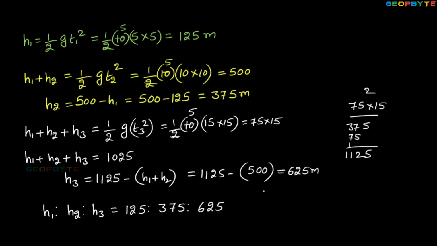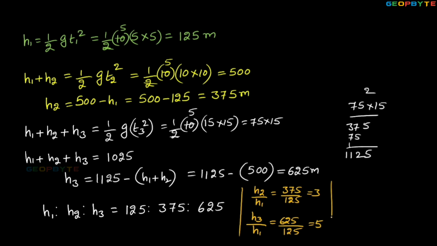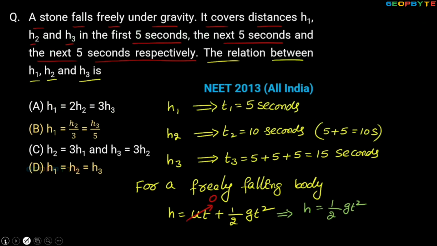Then h2 by h1, 375 by 125, is equal to 3. h3 by h1, 625 divided by 125, equal to 5. Then finally h1 is to h2 is to h3 equal to 1 is to 3 is to 5. That is the answer. Look at the options.